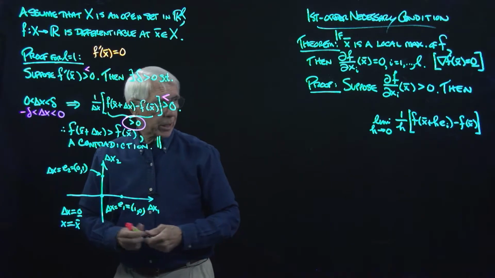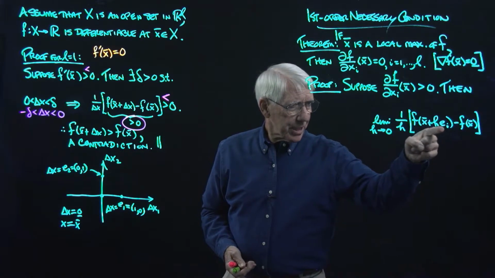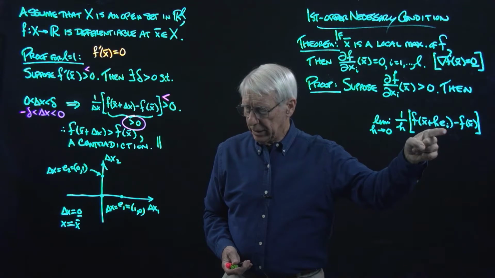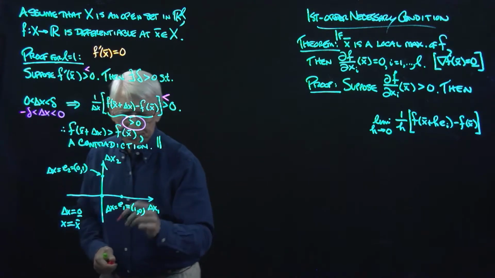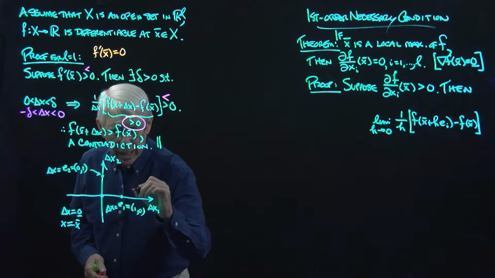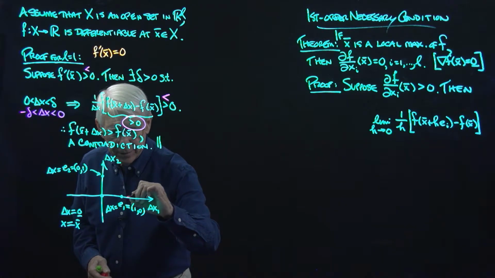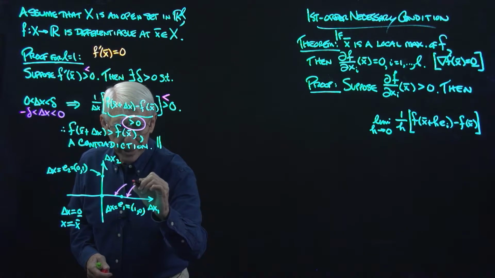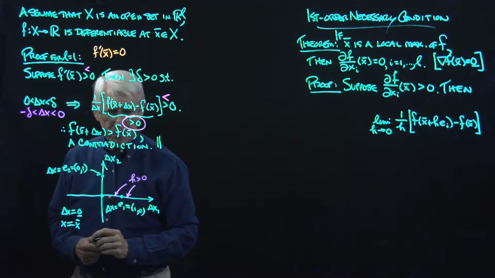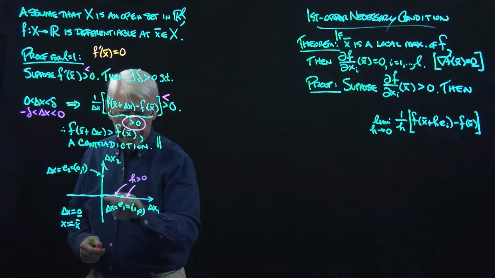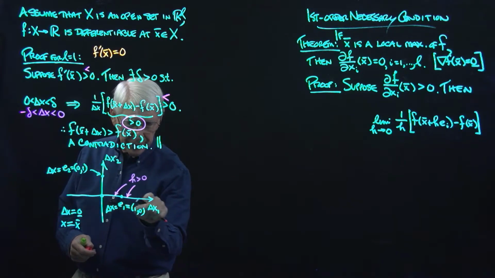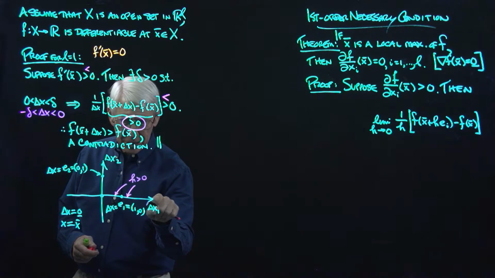And when we're looking at x bar plus h times the unit vector, I'll use a different color here, this area over here and over here would be where h is positive. h times e1 would be a vector on the delta x1 axis.